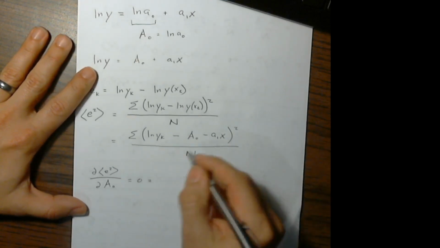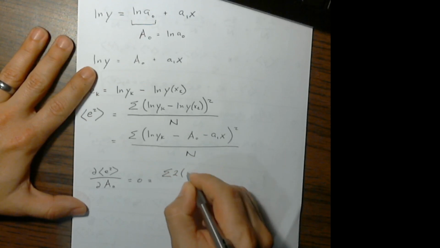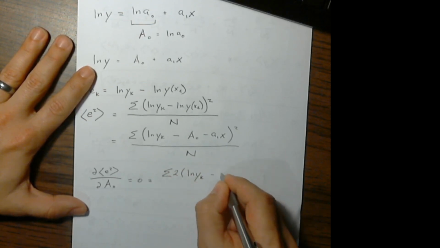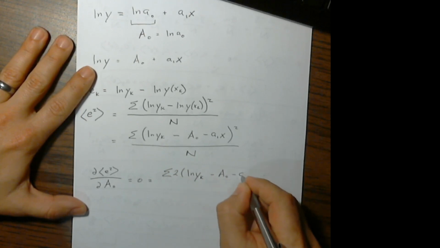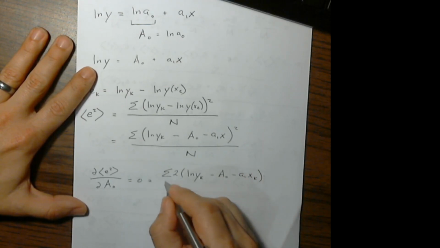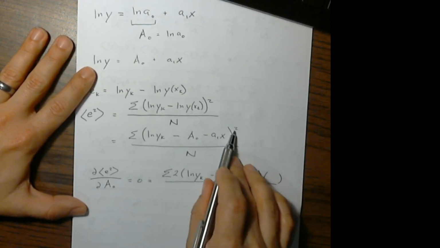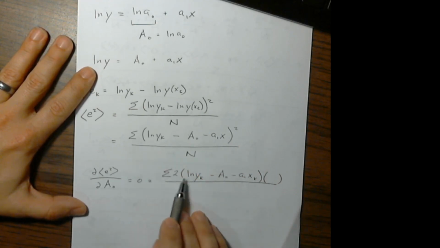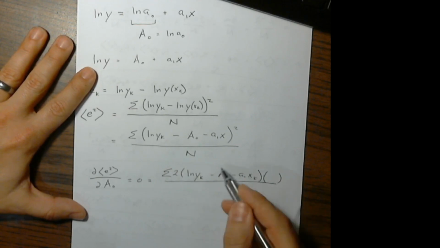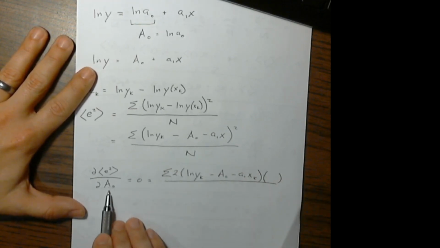We do this in the same way we've always done it. It's a little weirder now because there are natural logs floating around, but there's no reason to be afraid of that. There's no reason to be intimidated by natural logs because, after all, we do have calculators. All right, now, I've dispensed with the 2, right? And I don't touch the stuff inside the parentheses, but now I need to multiply by the inside derivative, because we're treating everything that isn't A0 as if it were a constant.